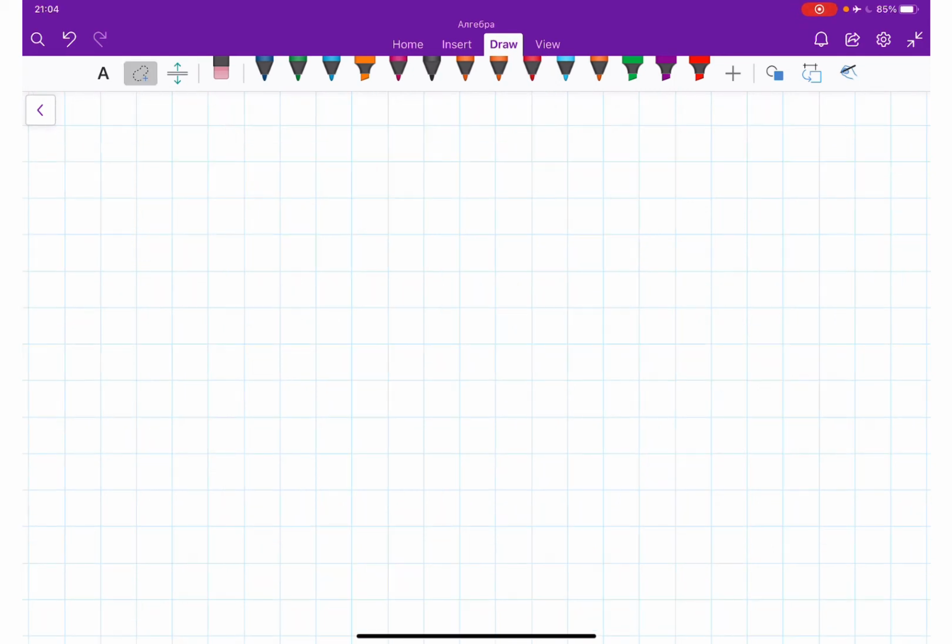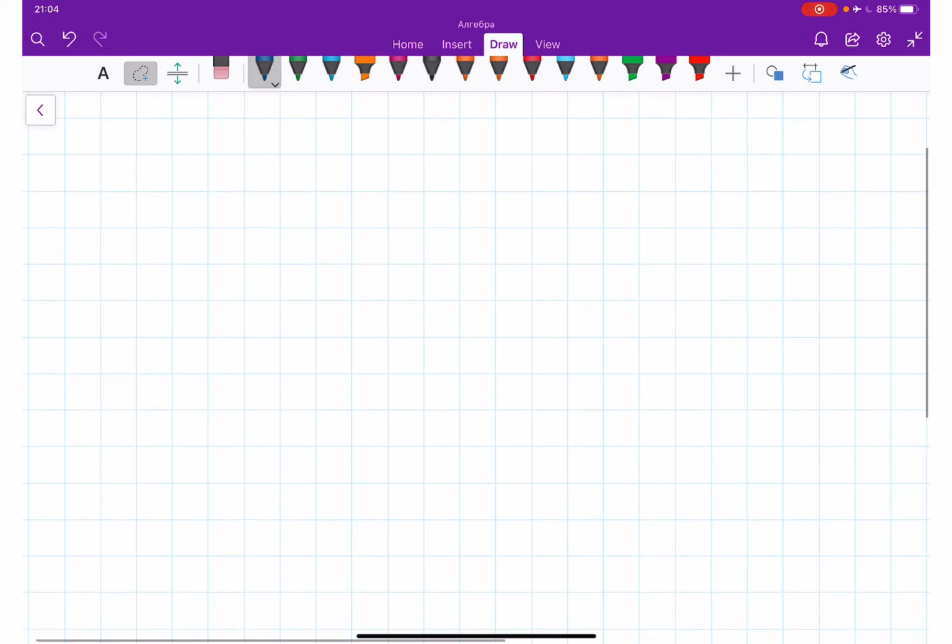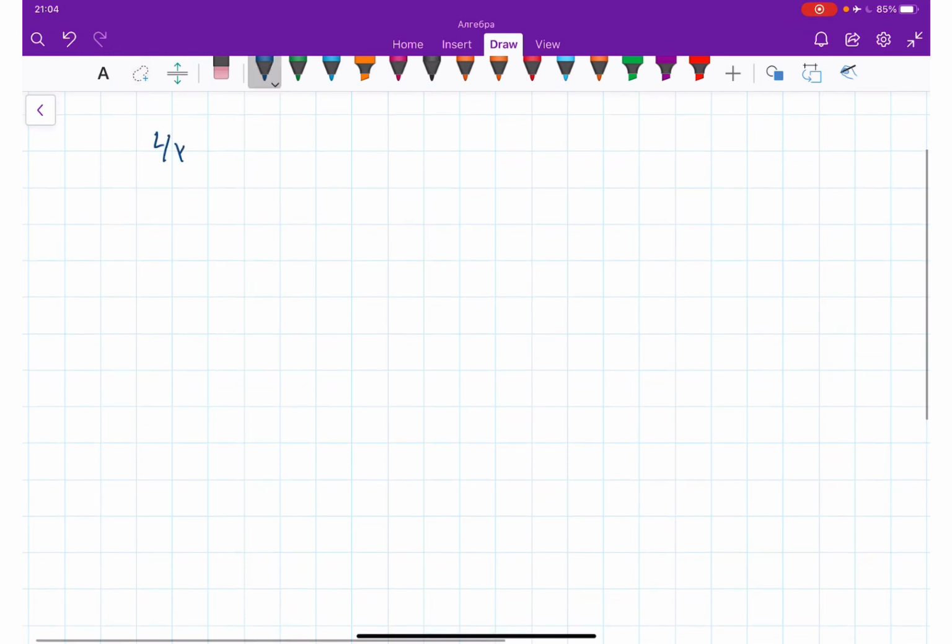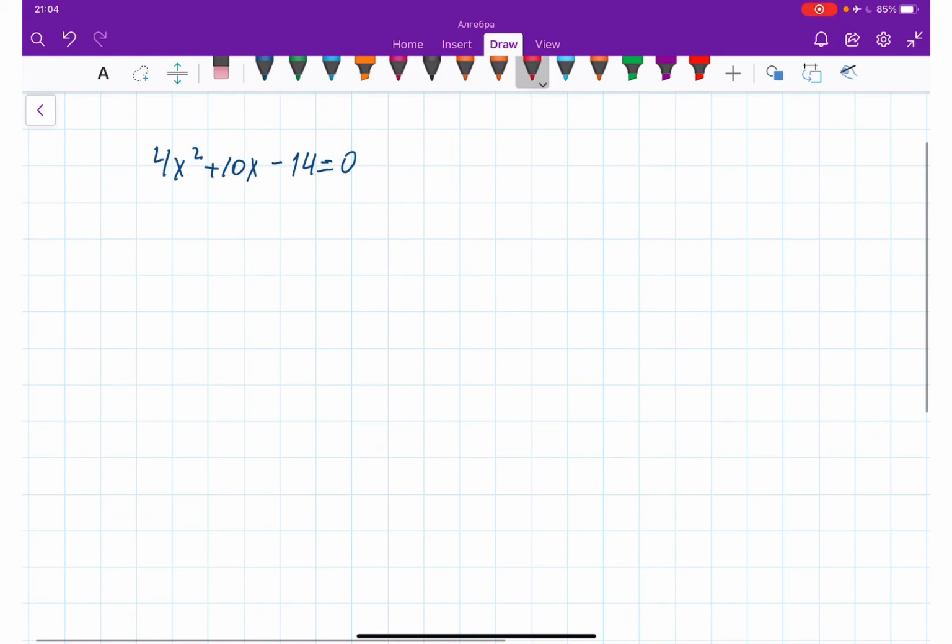All right. So next is going to be 4x squared plus 10x minus 14 equals 0. Okay, comparing to standard form, ax squared. Ooh, it's too thick.